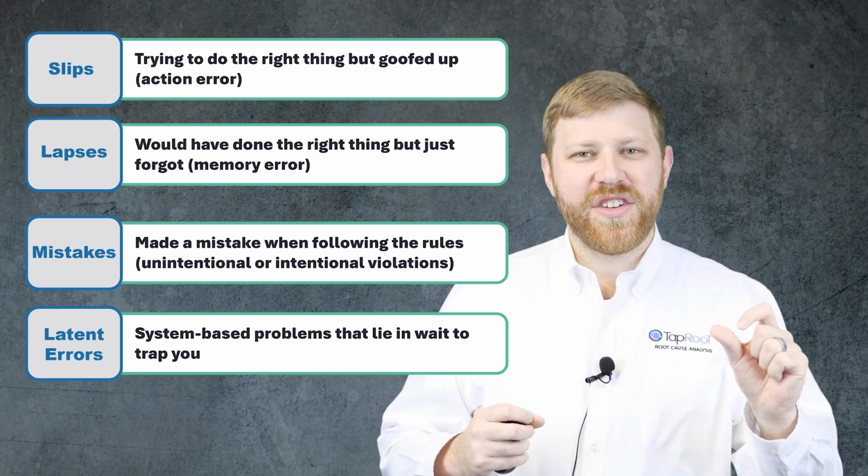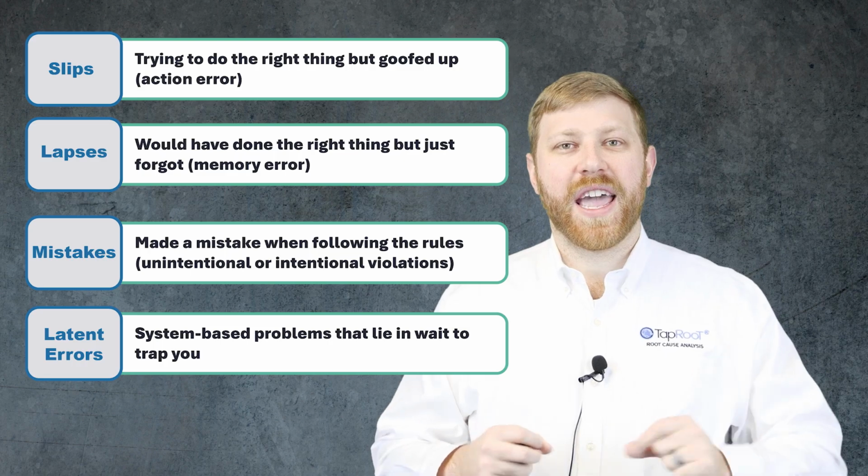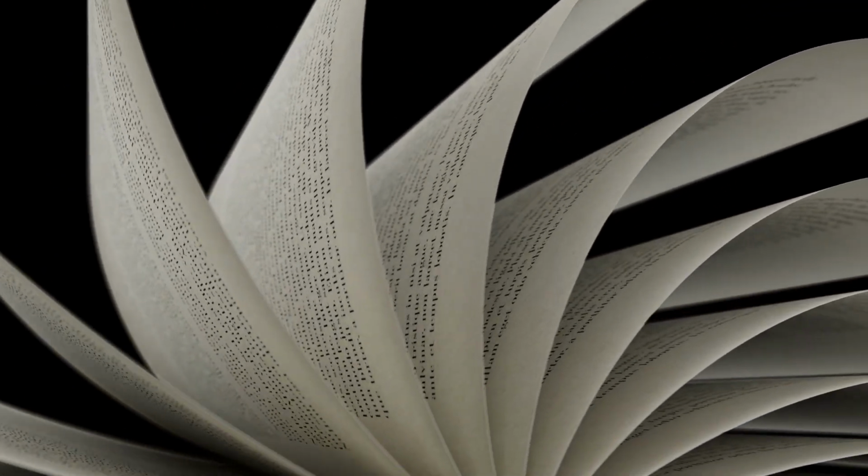So they have these conditions waiting for the right moment that come in and cause problems. Now, mostly Reason created this model to help psychologists understand and categorize human error. It wasn't a diagnostic. It wasn't something that was used to fix errors, but just categorize what was happening.